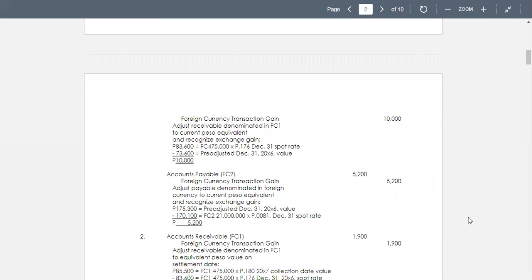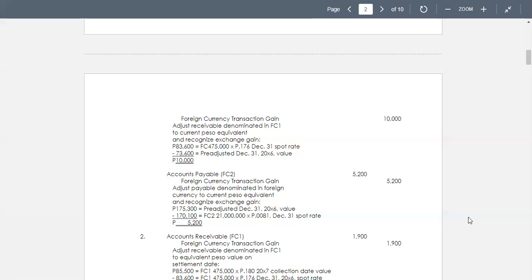So we now get the difference of 5,200 that we debit to accounts payable, and credit to foreign currency transaction gain. So we have a gain. That's why we have to debit back accounts payable. So the amount to be paid for accounts payable will be lower.